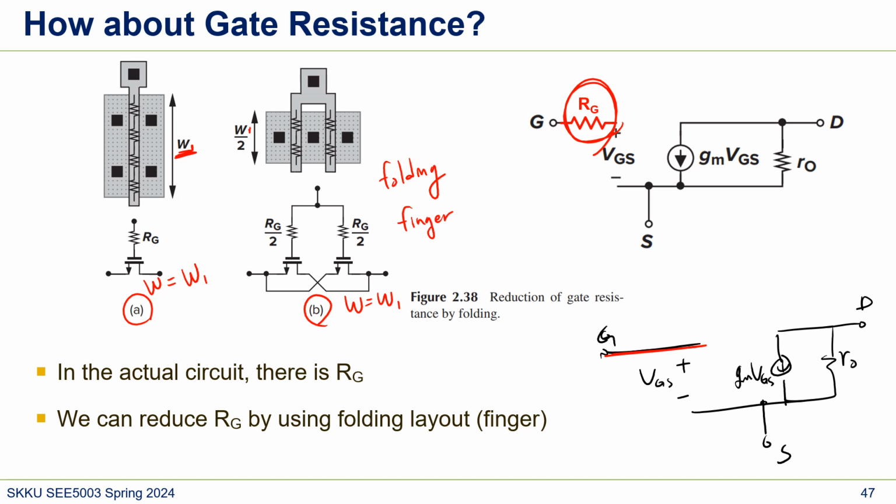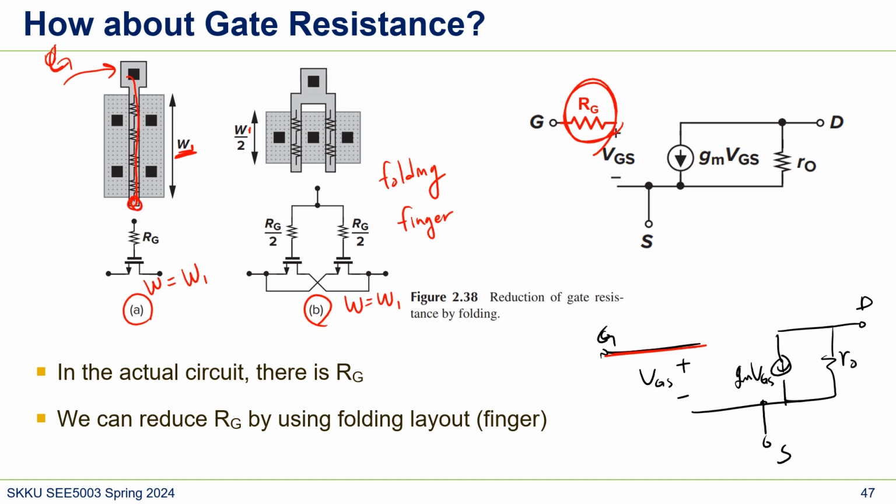So their schematic might be the same, but when we consider gate resistance, they are different. For example, this is G, this is gate. From here to here at the very end, it has a long line, right?